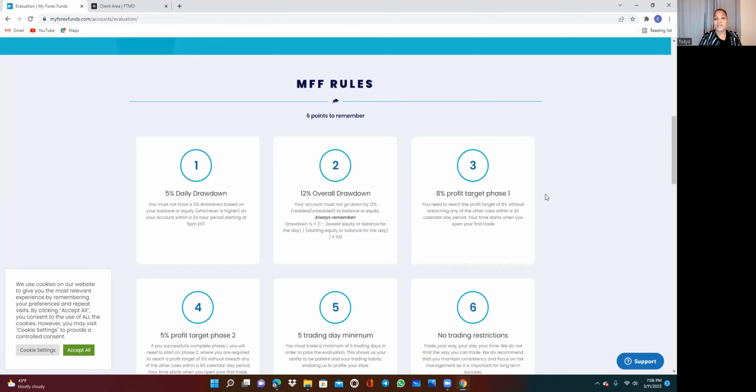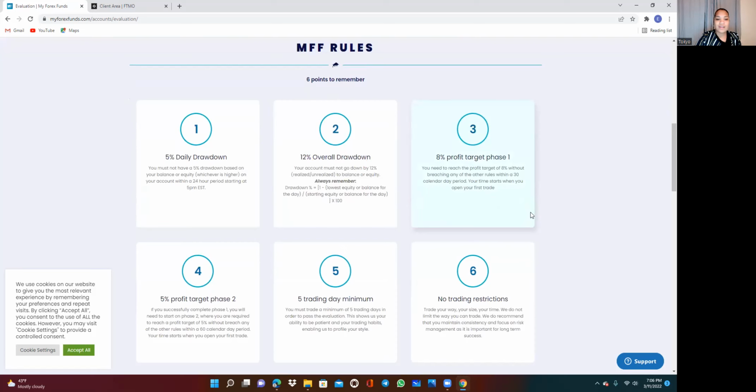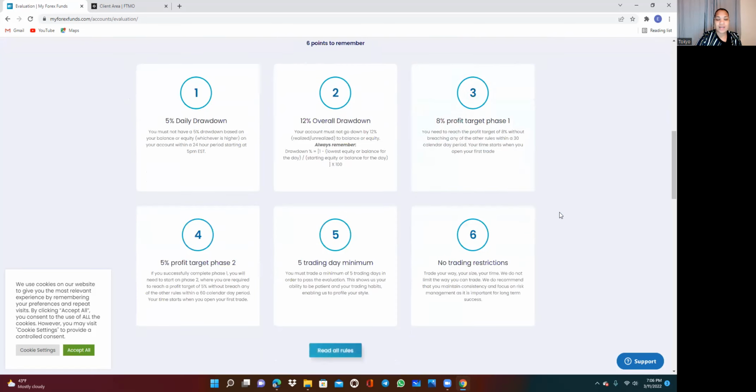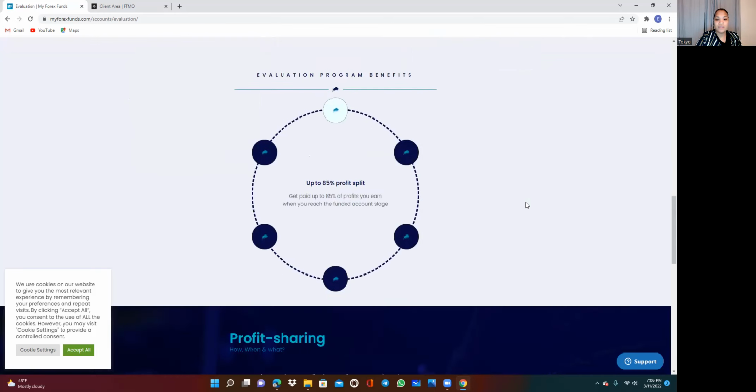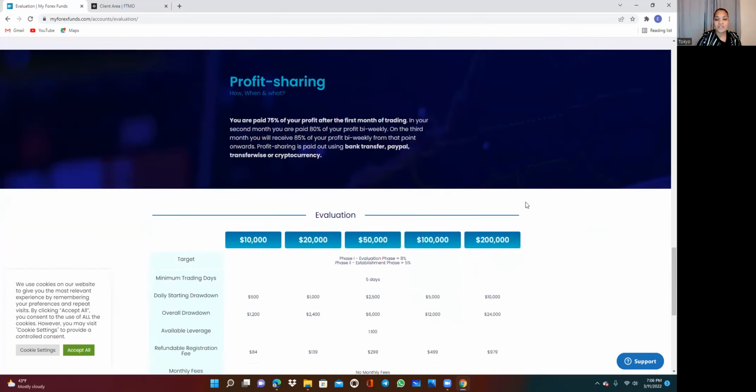If you thought that you overcame that drawdown, they will count it. So you have to wait 30 days for the first payout, and I feel like 30 days is quite a long time. Although they're a bit cheaper, maybe by like $100, those are the cons. And just navigating the website and checking to see my progress is really difficult here.